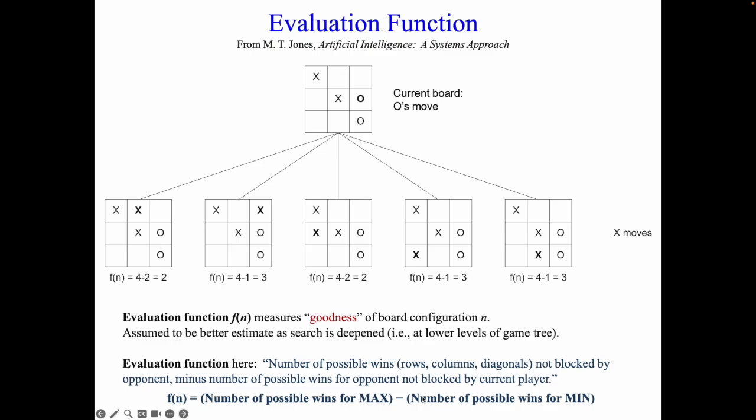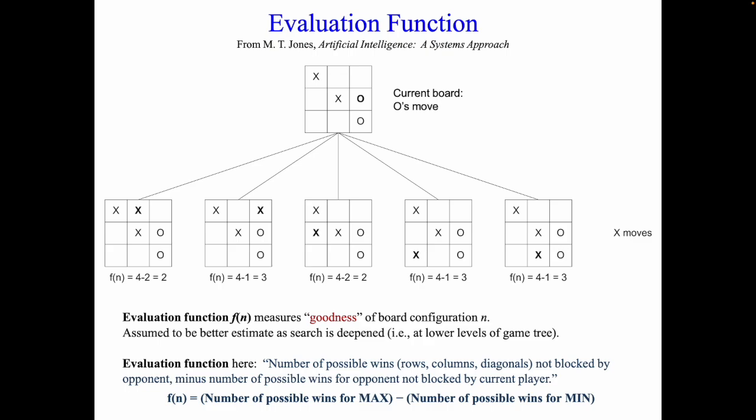Minus, now that you have calculated the total possible wins for max, you also have to calculate, because we have another opponent, right? We also have to calculate the number of possible wins for min and then subtract it from the possible wins for max. Now, what is the number of possible wins for min here? Your min here is O, right? Now, let's see how many possibilities of winning we have for O. This row is blocked by X, right? So O cannot win here. The second row cannot win, right?